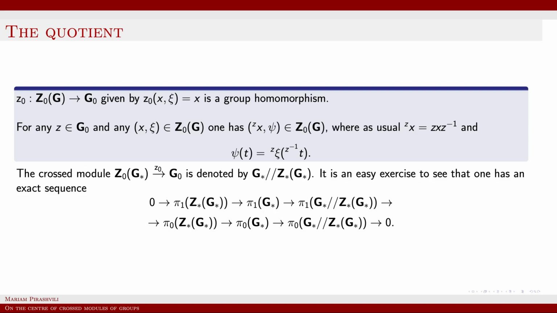So we had the center of the crossed module, and now we also have something that acts like the quotient. If we look at the homotopy groups, the pi zeros and pi 1s, the cokernels and kernels, then we have an exact sequence where we see the pi 0 and pi 1 of the quotient where we want them to be.